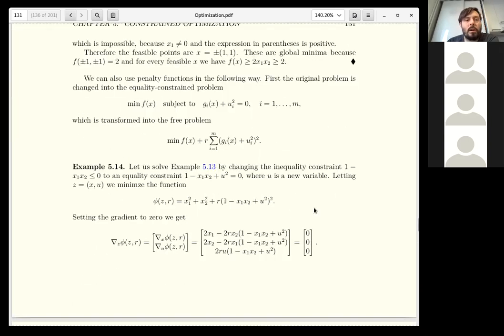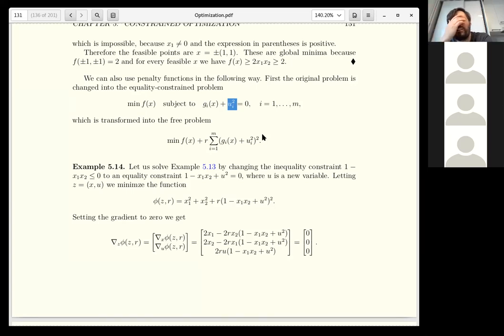Here are some examples that use a slightly different version of the penalty functions. I'm not going to go into this problem. One way to do this is like adding a slack variable here. So it's to what extent are we breaking, or to what extent are we outside the region, and then solving it.